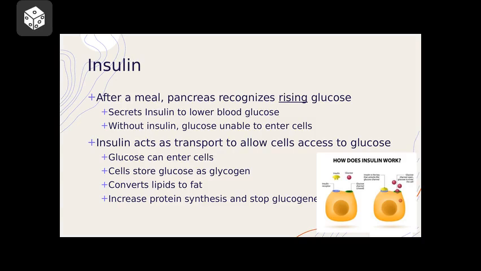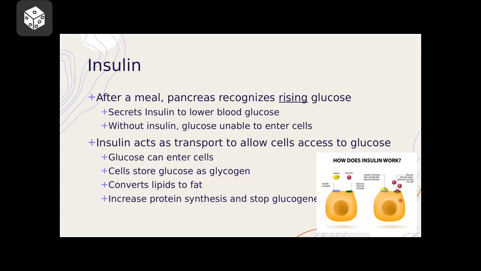So insulin's going to do a couple of really interesting things besides give cells access to that glucose. The insulin is going to, like we said, allow the glucose to enter the cells. It's also going to let the cells store extra glucose, and they store that as glycogen.